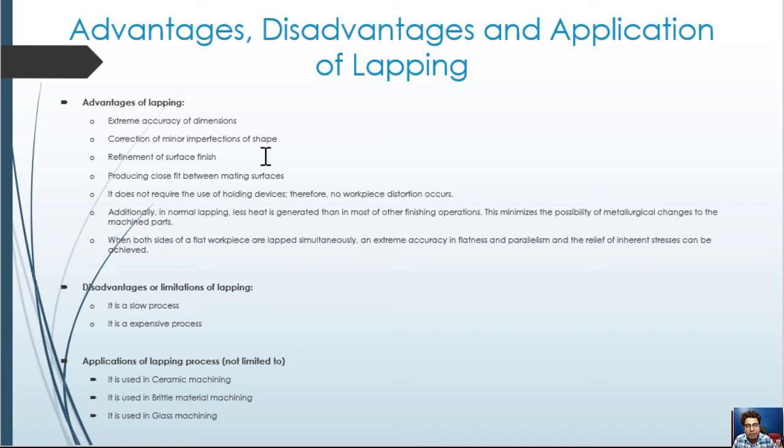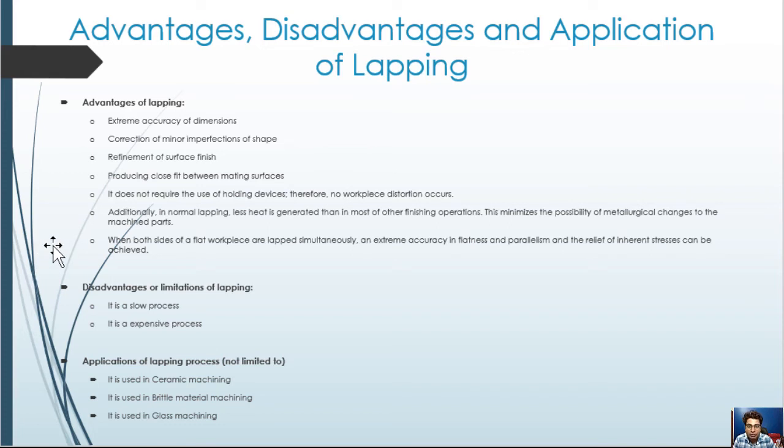Correction of minor imperfections of shapes can be achievable, refinement of surface finish, producing close fit between moving surfaces. As the surface finish is very high, the fit attainable is also better in case of the lapping process.